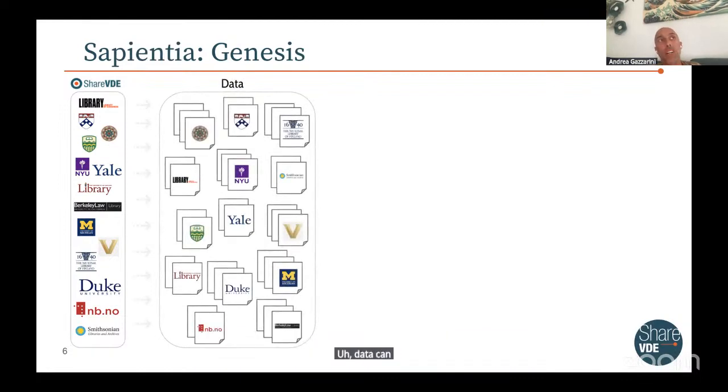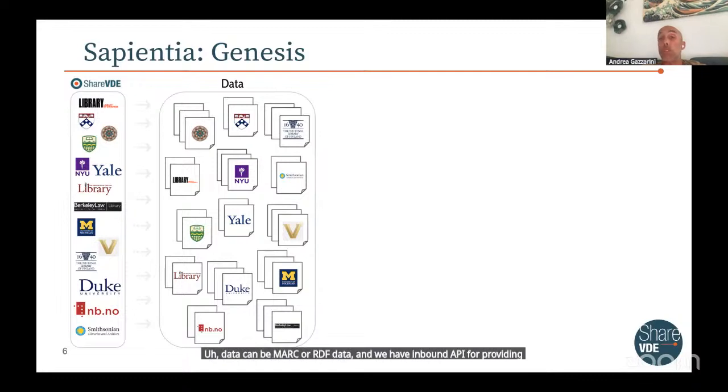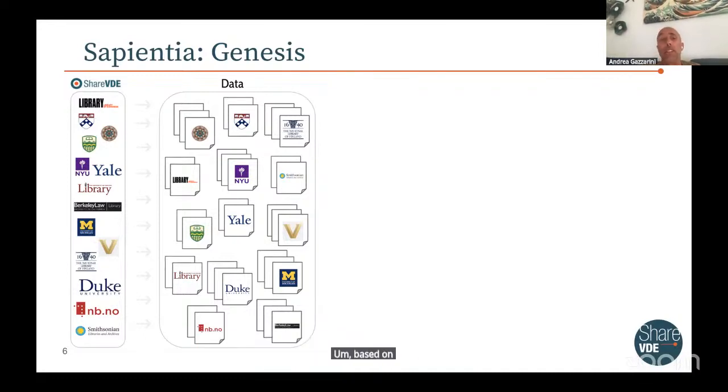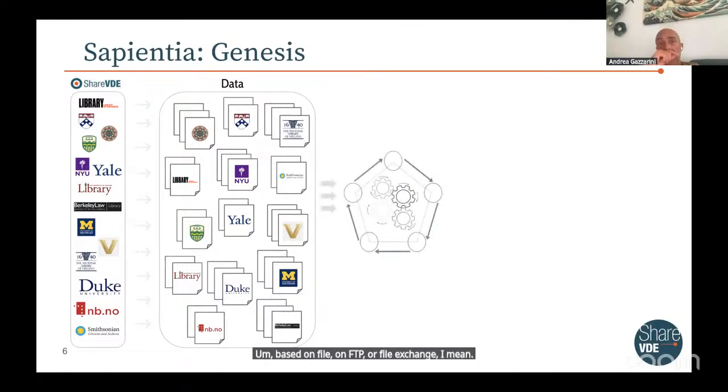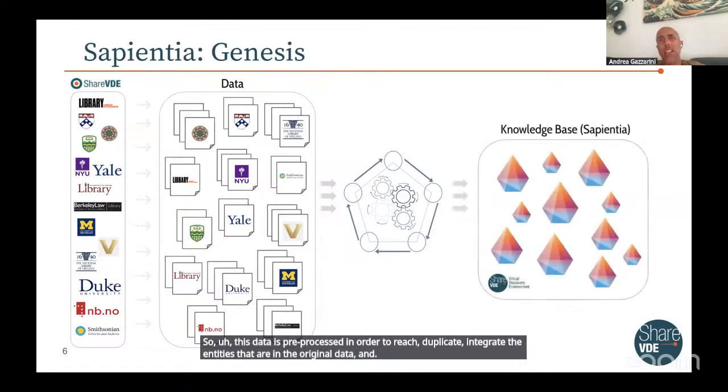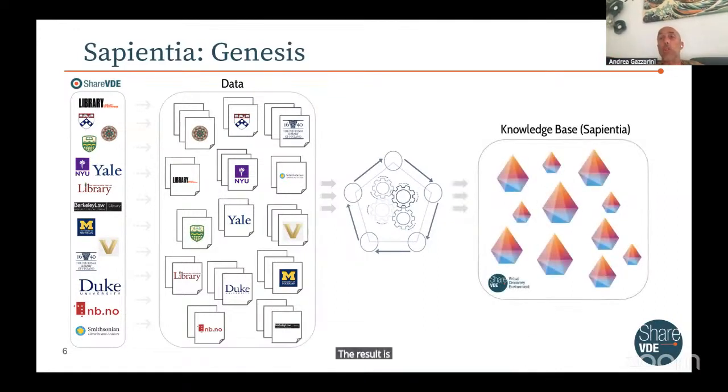Data can be MARC or RDF data, and we have an inbound API for providing streams of records, or an integration based on file exchange or FTP. This data is pre-processed in order to enrich, deduplicate, and integrate the entities that are in the original data, and the result is what we call Sapientia, the ShareVDE knowledge base.